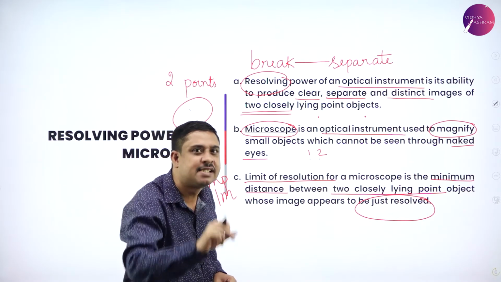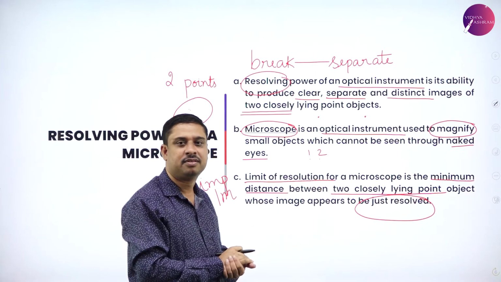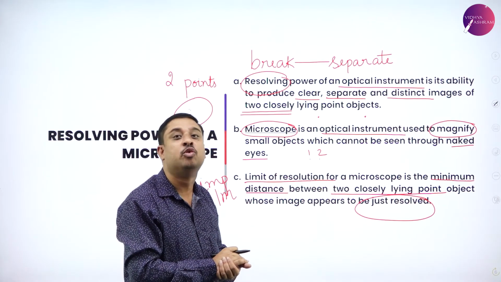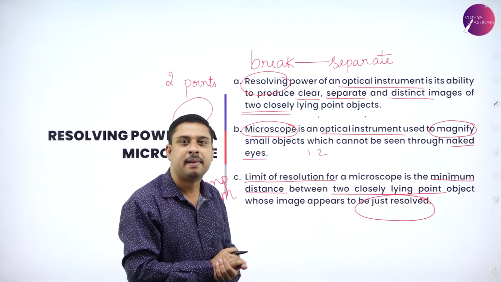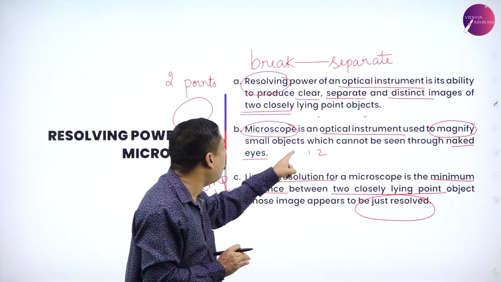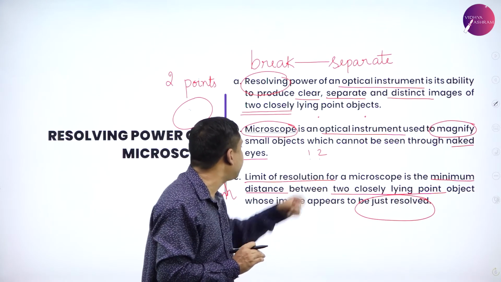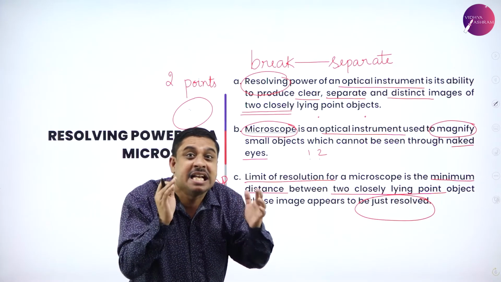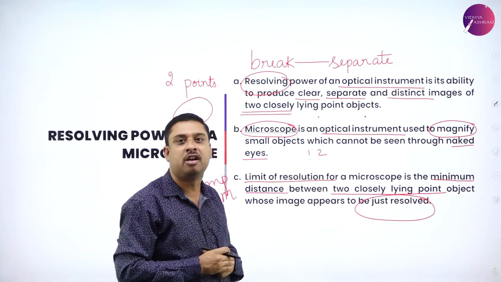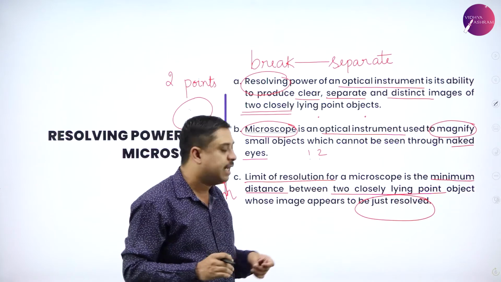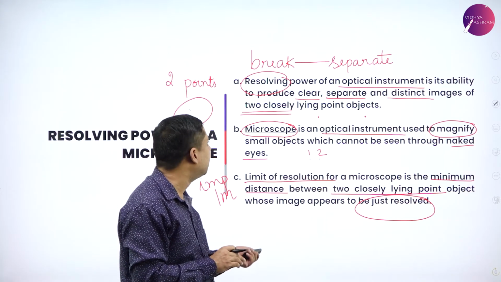Please know this term, limit of resolution: the minimum distance between two point objects whose images appear to be just resolved. That is called limit of resolution.